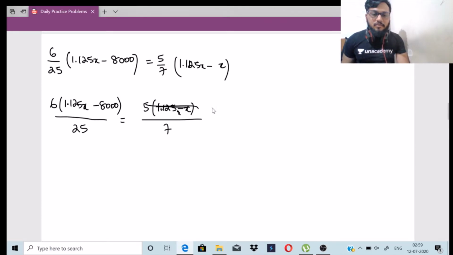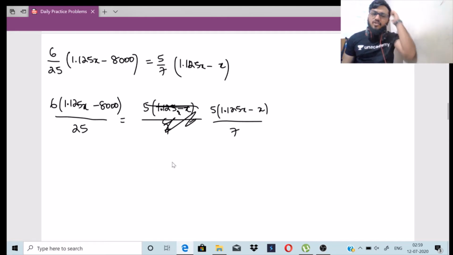Now we have to cross multiply, but before that we will just formulate this one. 6 into 1.125 will be 6.75x minus 48,000, right?